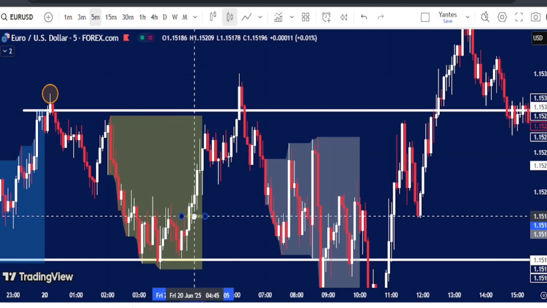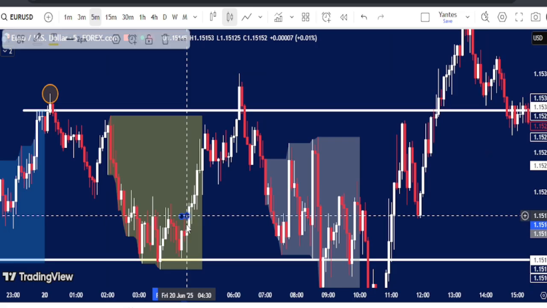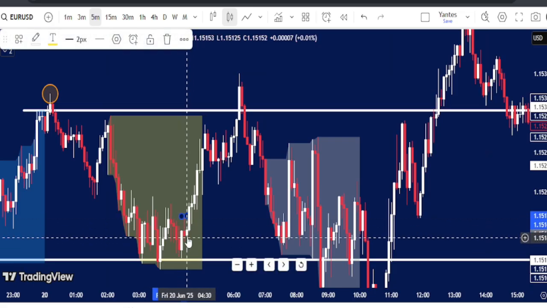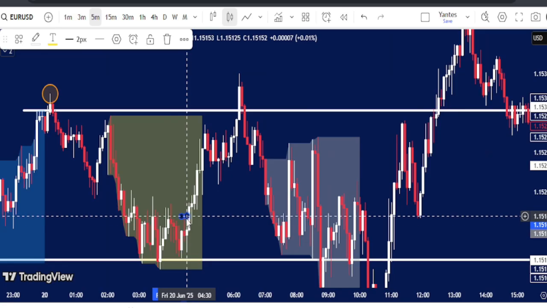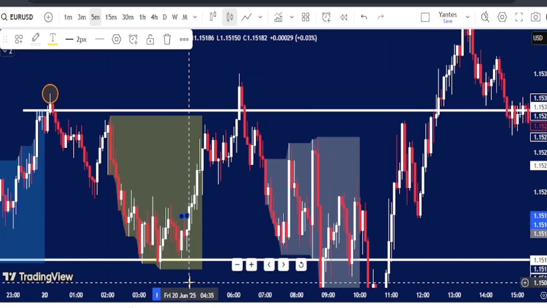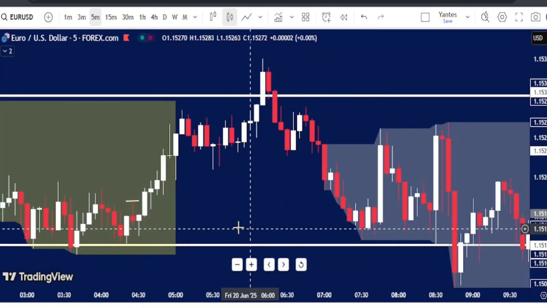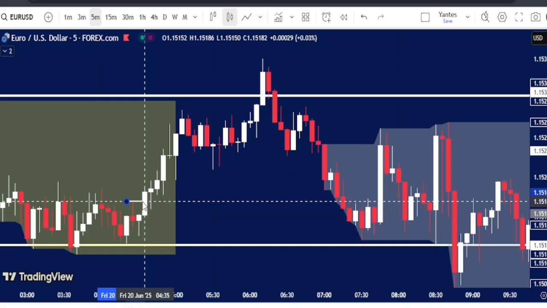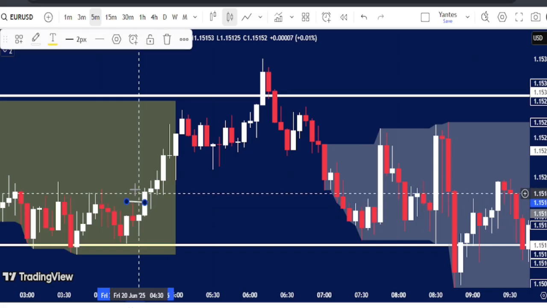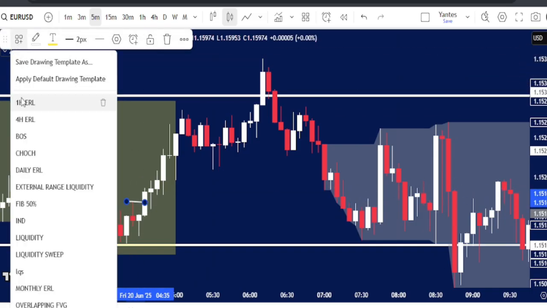This was our swing. We expected the market to make another low, but it did not. So immediately the market broke this high, here. We had a change of character.